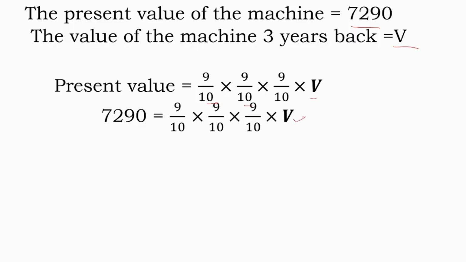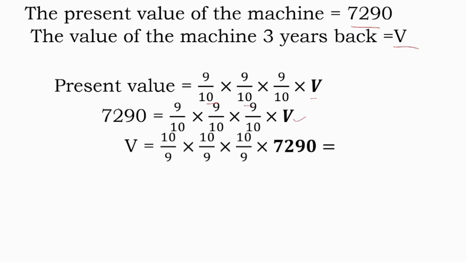So that is the machine value before 3 years. V equals, if we send these fractions to the other side of the equality, the fractions are reversed. That is 10 by 9 into 10 by 9 into 10 by 9 into 7,290.